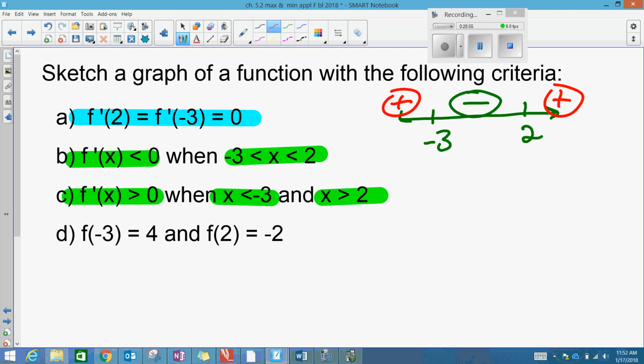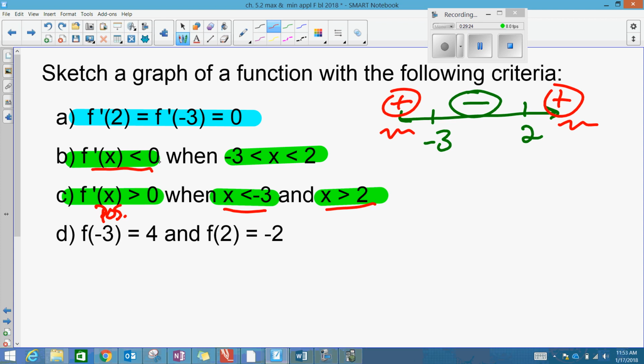The biggest problem I found with students here is you're not real sure of yourselves on the less than and equal to symbols, which again just takes practice. But f prime of x greater than 0 means positive, and x less than negative 3 means over here, and x greater than 2 means over here. So it's increasing on those intervals.